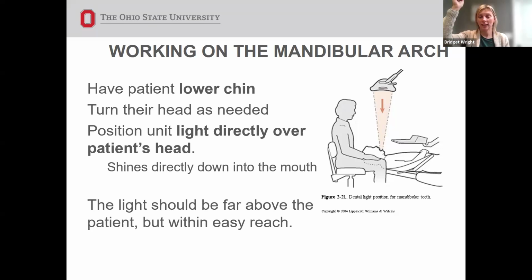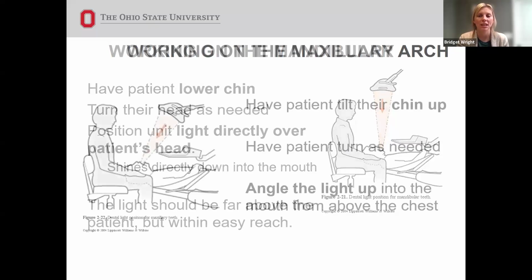And then the overhead light really should be directly over the patient's head and coming straight down onto the mandibular arch. We want it coming directly into the mouth. That light should be easily reached by you and not so far or so close to you that you're going to bonk your head. But you also don't want to have to stretch for it and reach for it because again, we want to be as neutral as possible as often as possible.